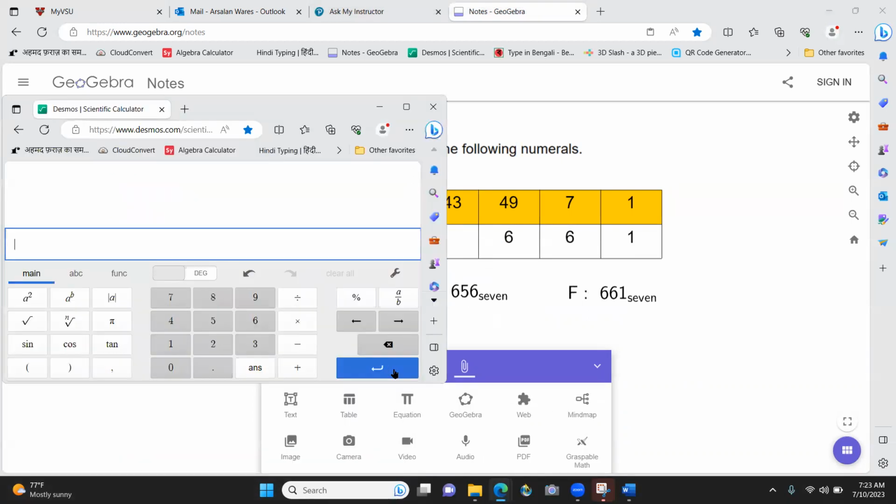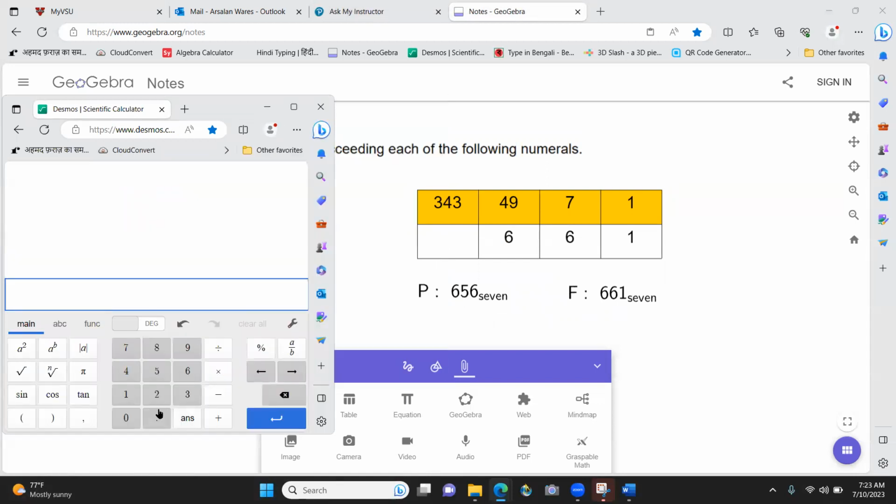Okay. 656 to the base 7 is this: 6 times 49 plus 5 times 7 plus 6. That's the one that we're claiming is the preceding one.